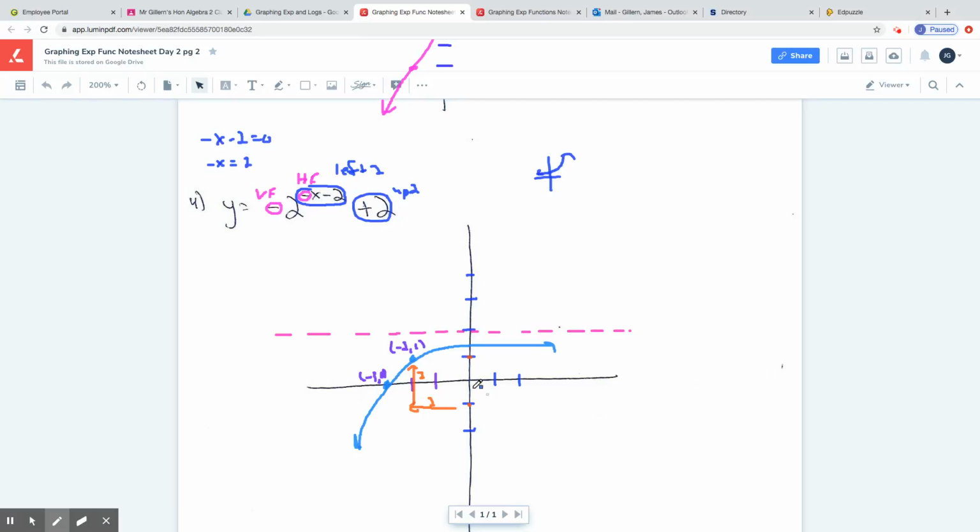For our other point, we start at 1, 2. We did a flip down to 1, -2. I then did a horizontal flip to -1, -2. I then moved to the left 2, and then I moved up 2. And that's where we got to -3, 0. And that's how we got our graph.